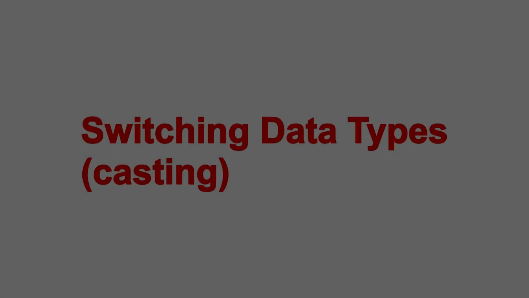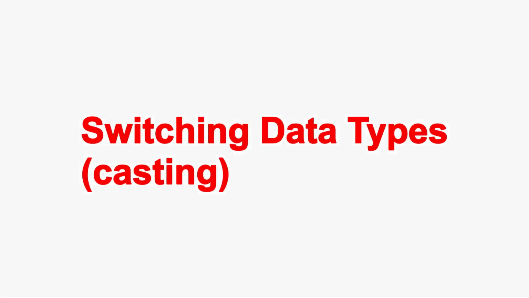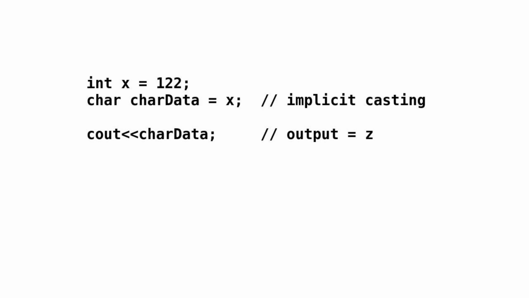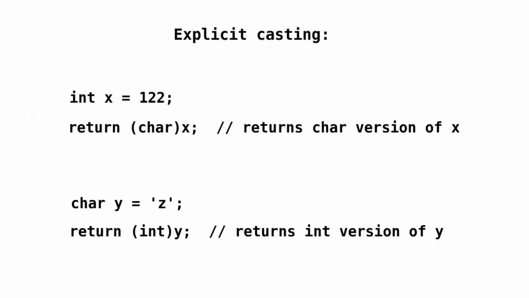If the data type provided by your library's function call isn't what you needed, you'll have to cast it. In C++, sometimes this happens automatically, or implicitly, when we assign one data type to a variable that is another data type. Other times, we need to explicitly cast, which means we don't let the compiler make any assumptions, and we give it explicit instructions as to what we want to happen.